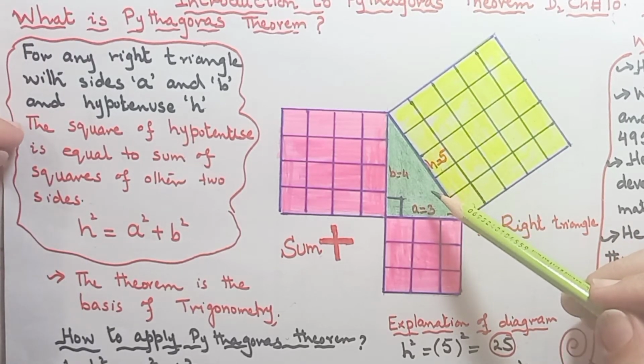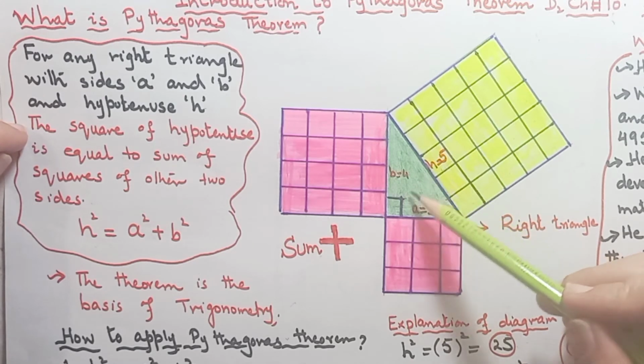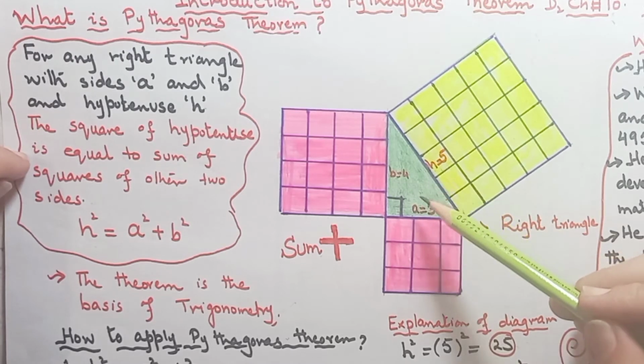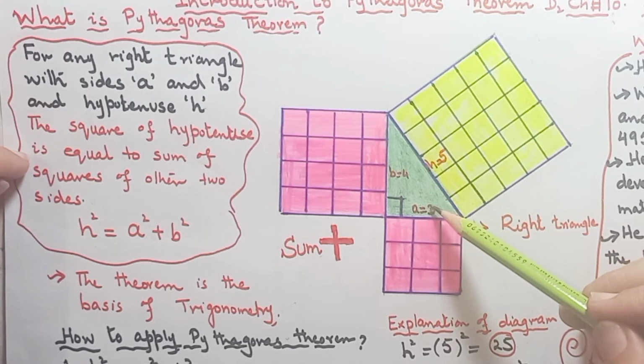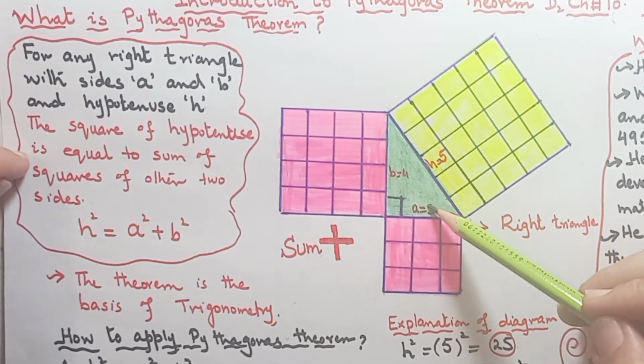Now the theorem states that the square of the hypotenuse, that means the square of the longest side, is equal to the sum of squares of the other two shorter sides, which can be taken as the legs of the right triangle or the base and height of the triangle.